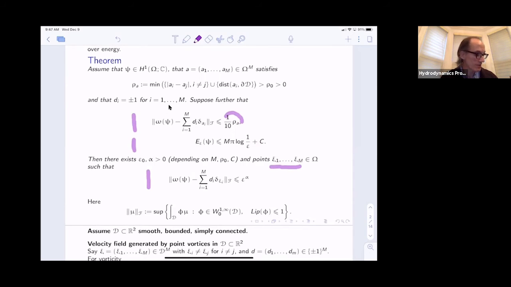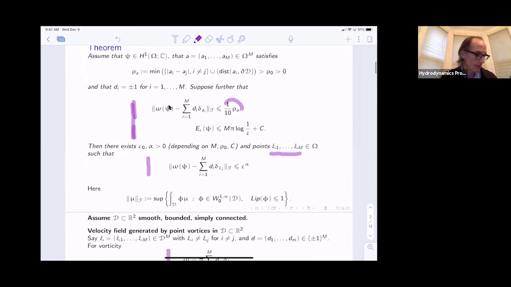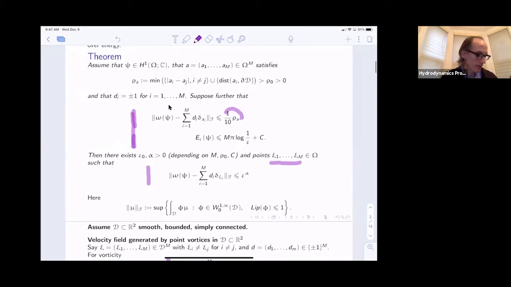If I have a sequence of psi epsilons with epsilon tending to zero, satisfying these assumptions, then I apply the theorem to each psi epsilon. I find it's well approximated by a sum of m delta functions.